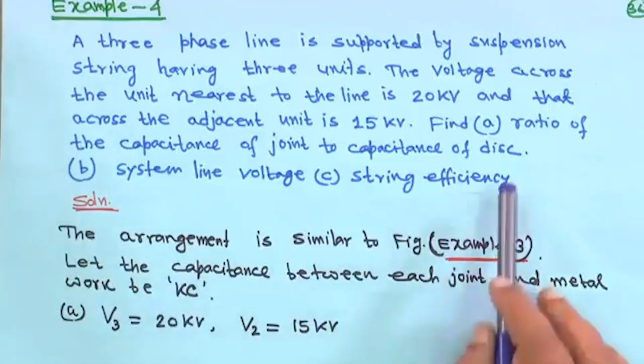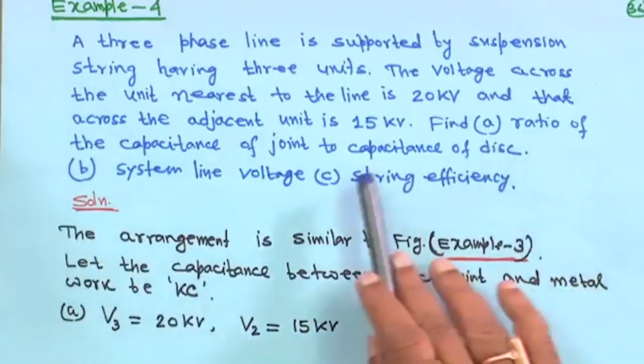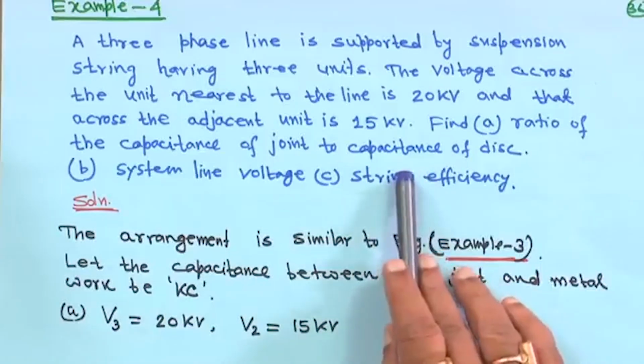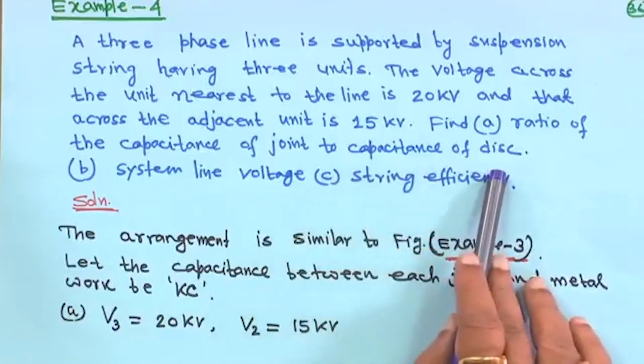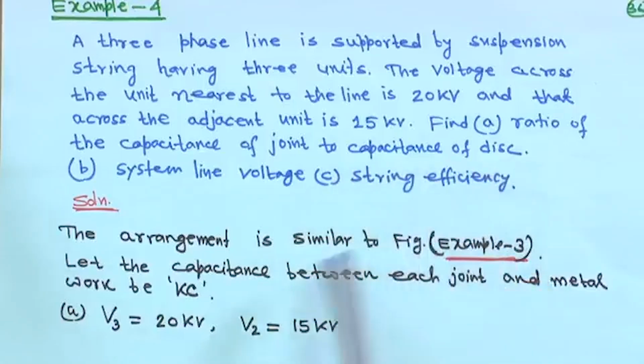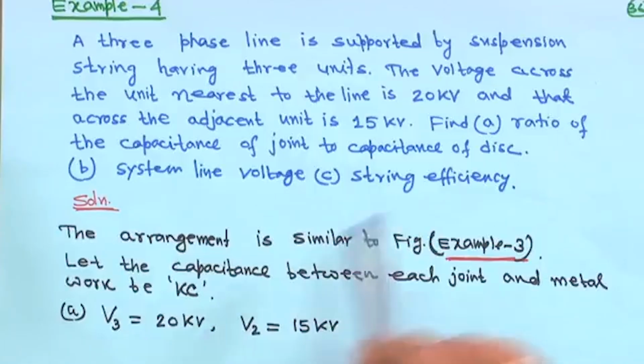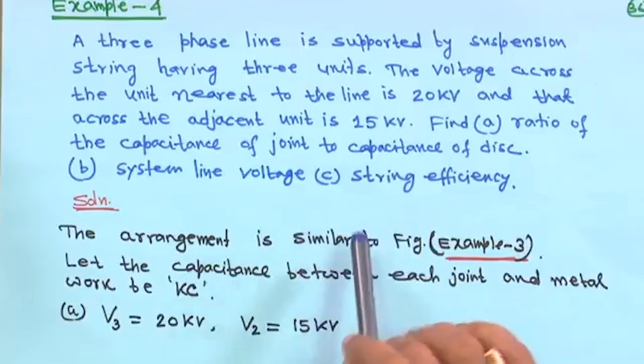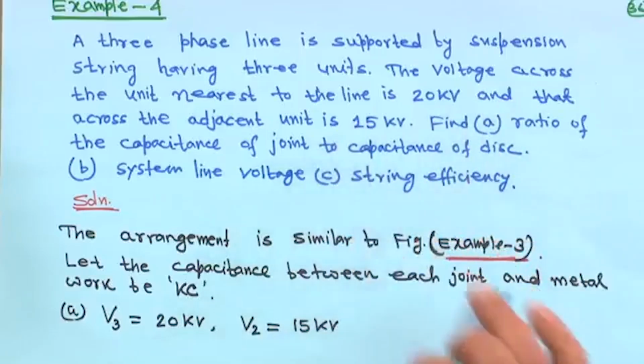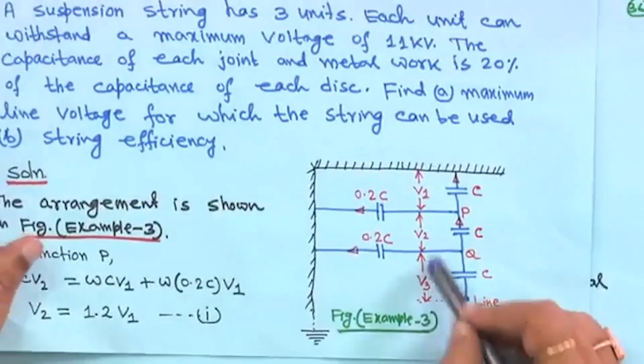Now, the first part is to find out the ratio of the capacitance of joint to capacitance of the disc, that is K. So, V3 is equal to 20 kV, because the voltage across the unit nearest to the line is 20 kV, that means the diagram is same.